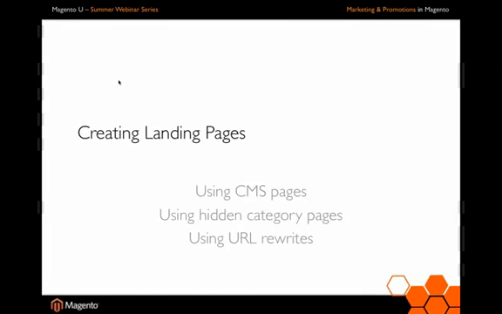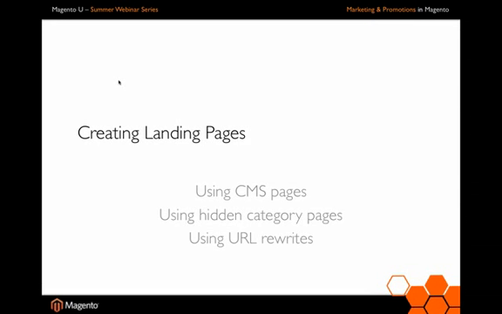All right, the next piece that most customers I work with want to do is to be able to set up landing pages for their various promotions. There are a couple different ways that you can do this inside of Magento. You can use CMS pages, which you've seen previously if you've been attending some of these webinars. The home page is a CMS page. The About Us page is a CMS page.